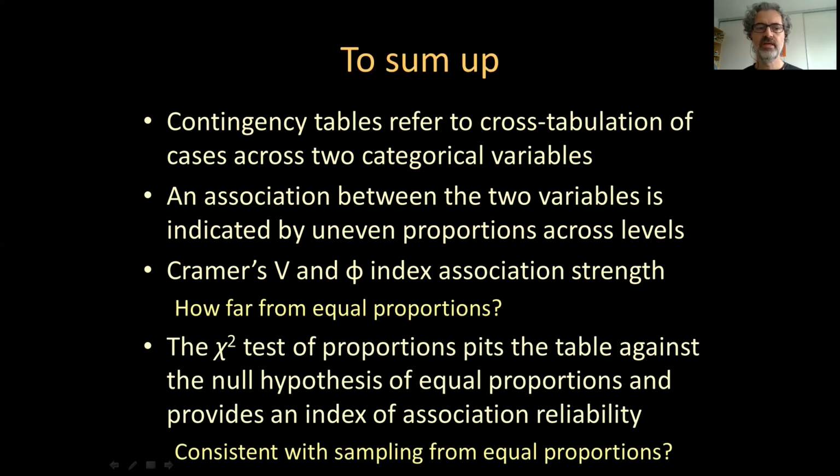In other words, the chi-square test fits the table of observed proportions against the table of expected proportions, that is, equal proportions under the null hypothesis assumption. And in the end, provides us an index of association reliability in the sense that we can look up the probability that such an index could have arisen by random sampling from equal proportions.